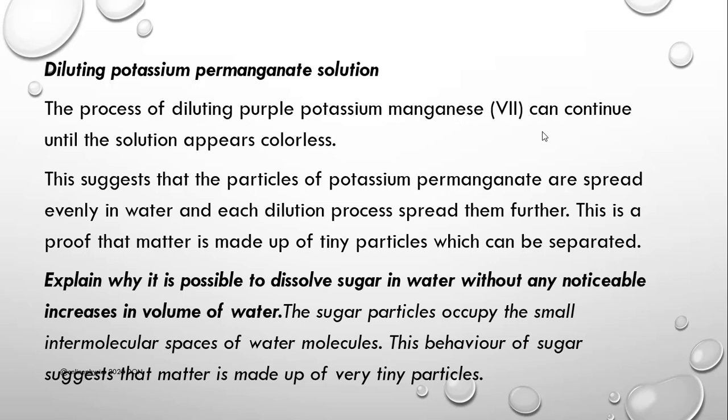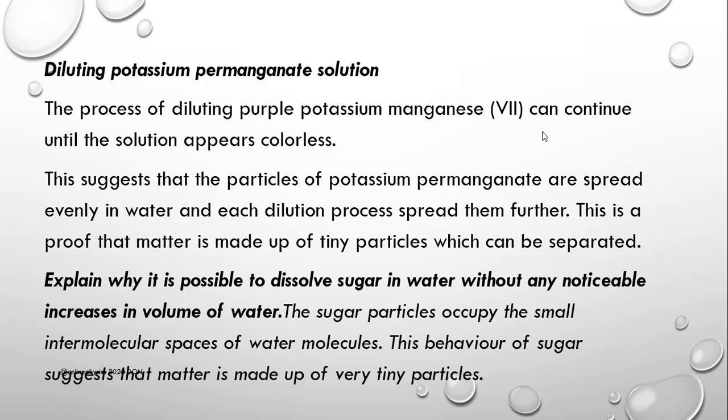As we move on, we'll see a video to show this dilution process. Then we have a question: explain why it is possible to dissolve sugar in water without any noticeable increase in the volume of water. The sugar is broken down into the smallest particles.